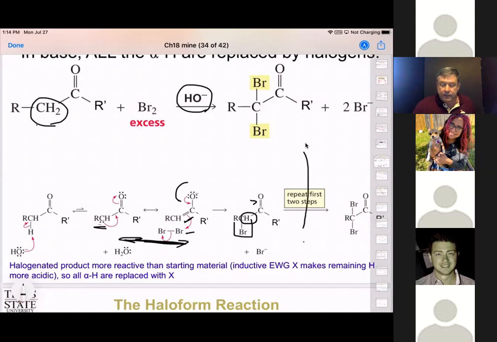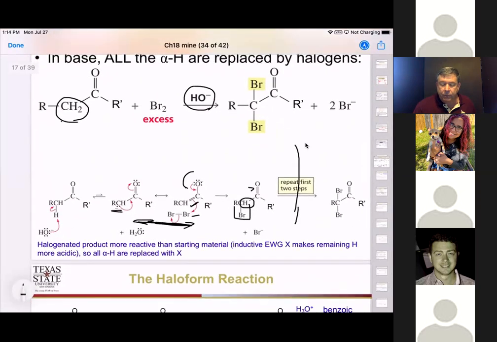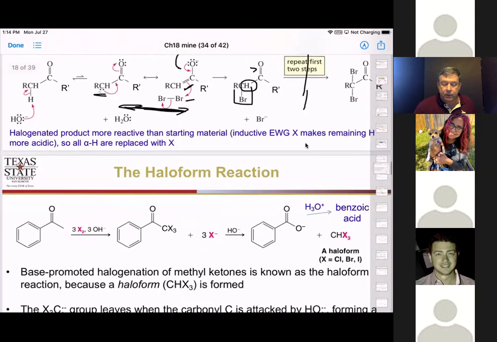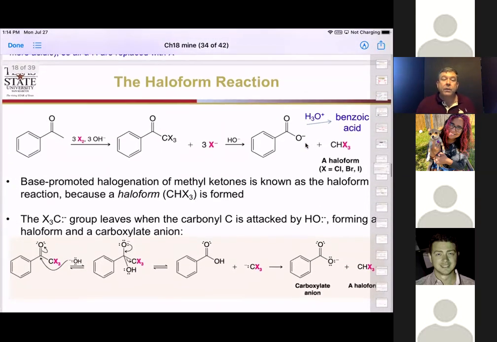Okay. Typically in the haloform reaction, we're talking about reactions where we have a methyl ketone. When you have a methyl ketone, that means you have three alpha hydrogens, and all three alpha hydrogens can react. Once we do that, we now have a trihalomethyl group. The trihalomethyl group is actually a really good leaving group because it can stabilize the negative charge.